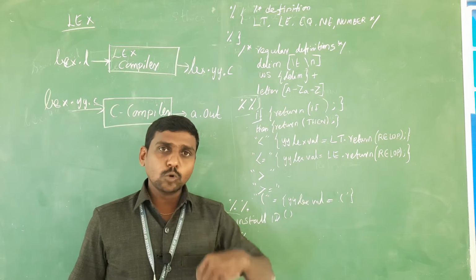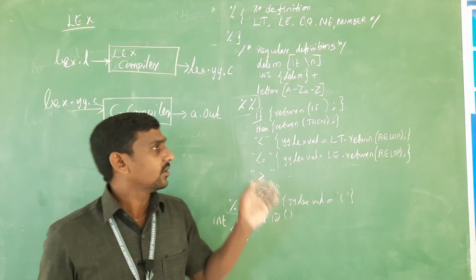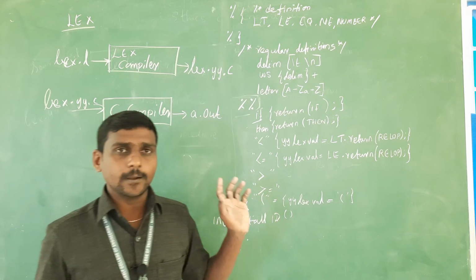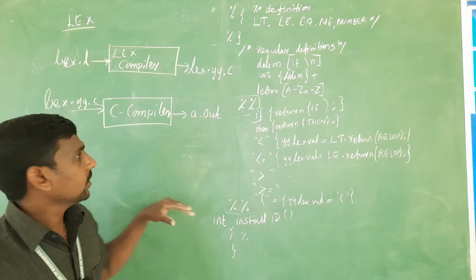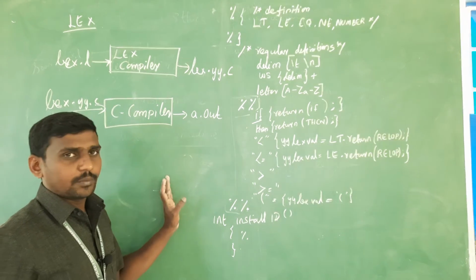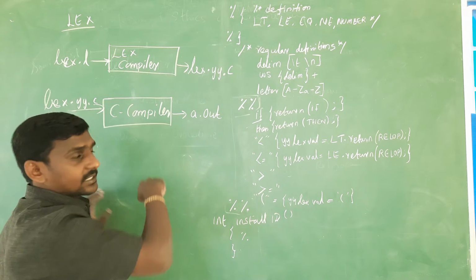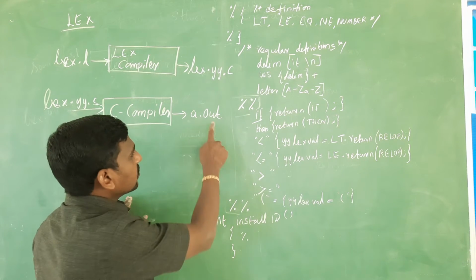This is the output that will be generated in a.out. That means the C compiler compiles lex.yy.c and gives a.out.